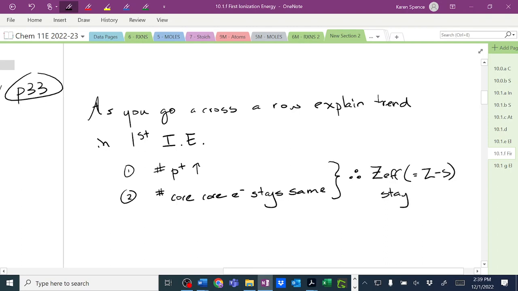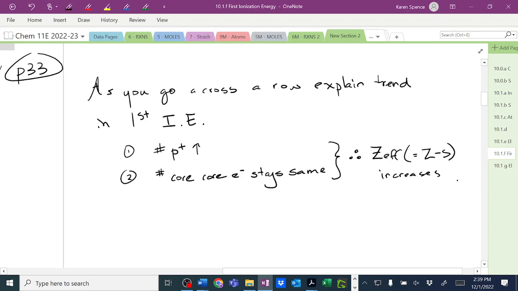Oh, hang on. It doesn't stay the same. What am I writing? It increases. Silly me. And look, I'm writing this again. How many times is this now? It's probably like 18, the core electrons. They're like the supercore electrons.